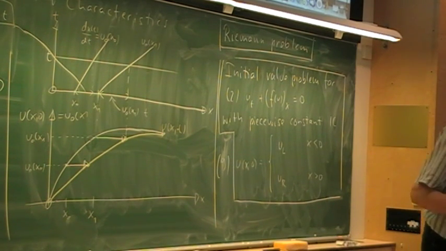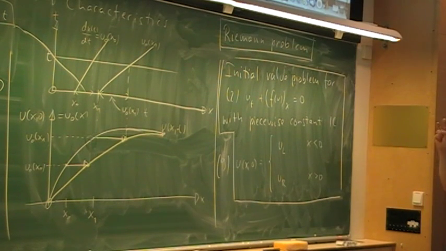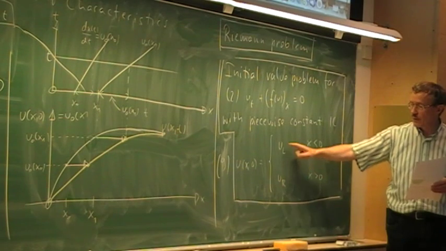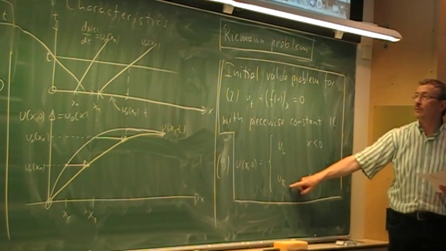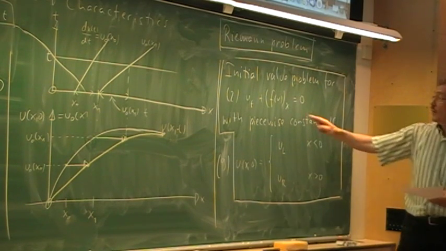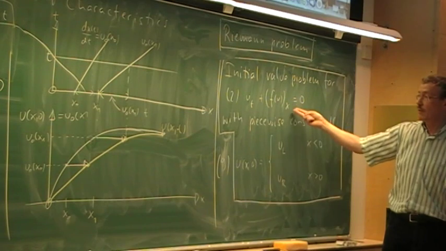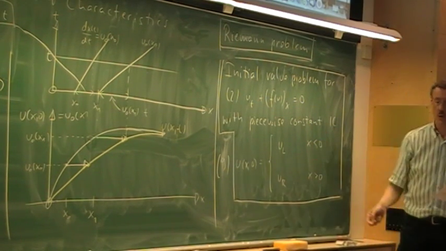Now we can look at two kinds of problems. The third kind is trivial. If we have ul equal to ur, then u is constant, f of u x is 0 and ut is 0. So that is not interesting.